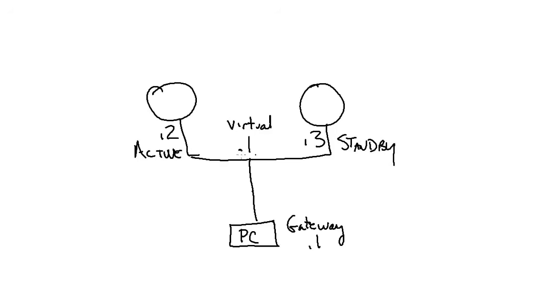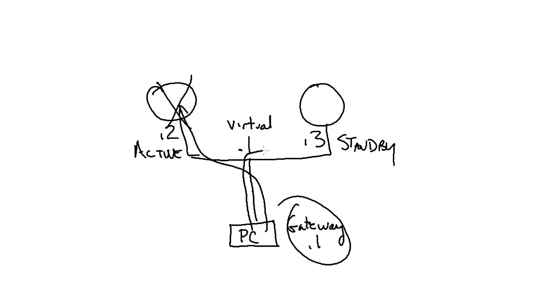The active router answers ARP requests for the standby IP address with a virtual MAC address, so that the host sends packets to the gateway IP address, winds up sending it to the active router. Now, if the active router dies, then another election is held. And in this case, traffic would go out the .3 interface, even though traffic would still be pointing to the virtual .1 IP address.